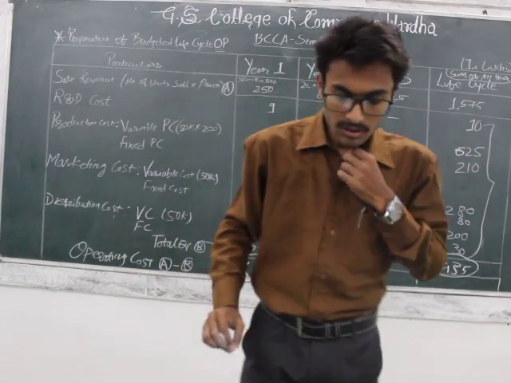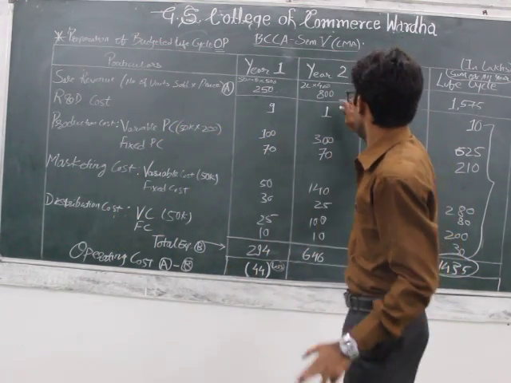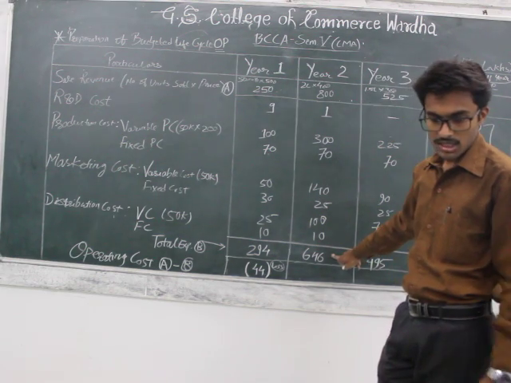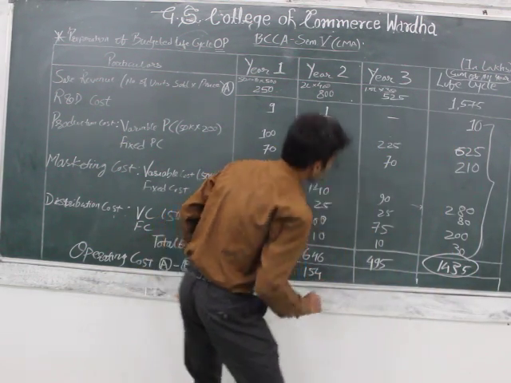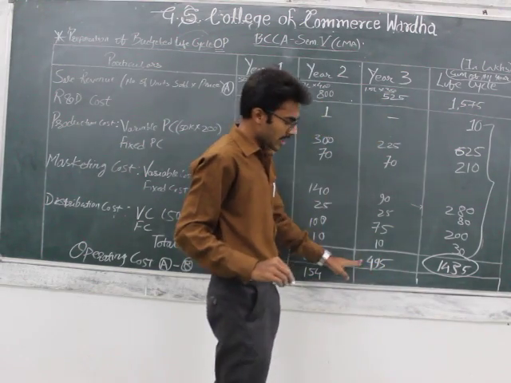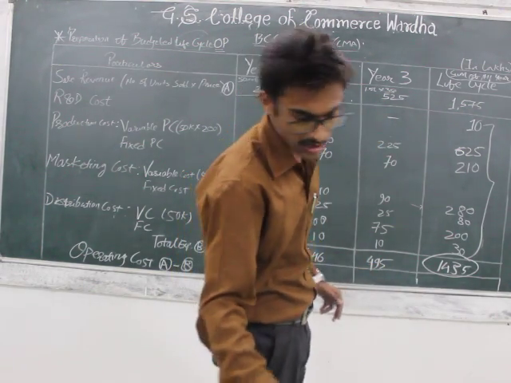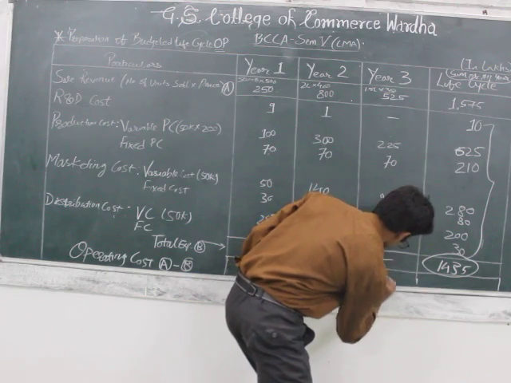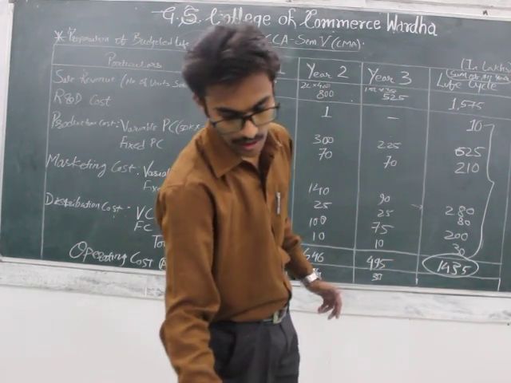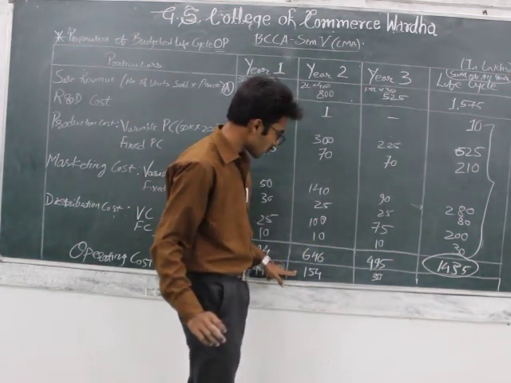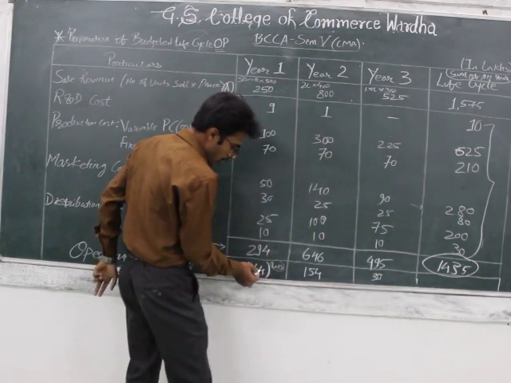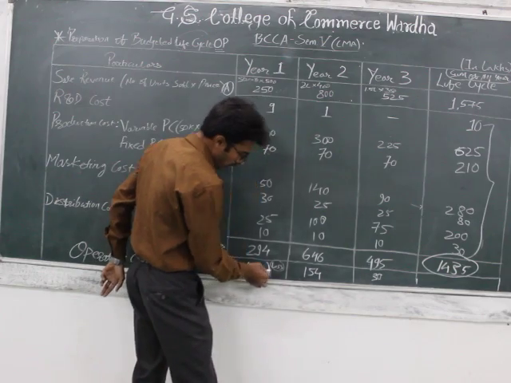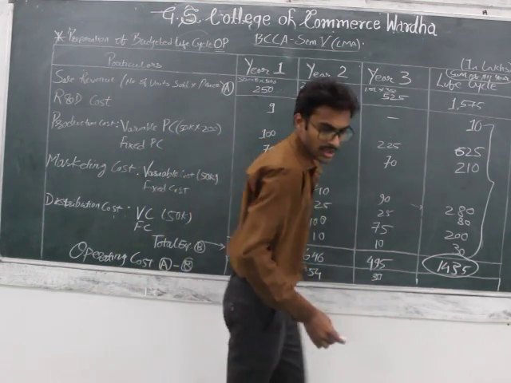Same for 800 minus 646, which will be 154. 525 minus 495 means 30. Life cycle operating profit will be the sum of 44, 154 and 30.